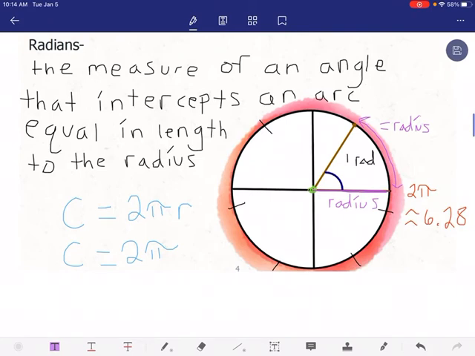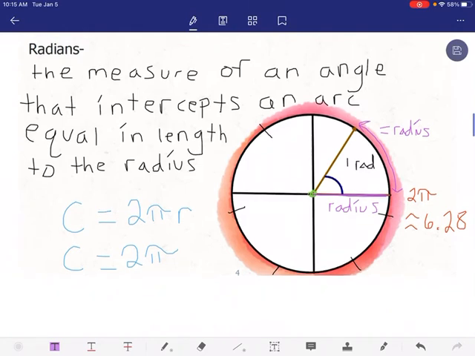Now hopefully we can notice that if going all the way around my circle is 2 pi, going halfway around my circle would just be 1 pi.